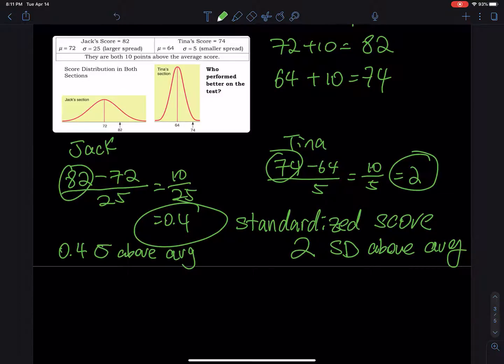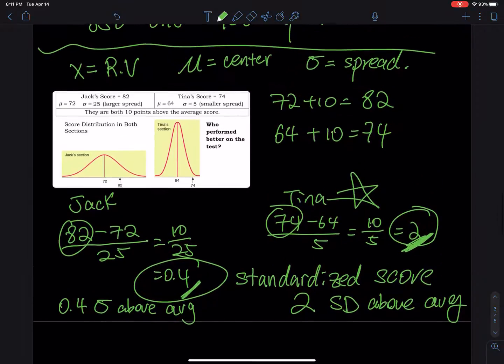That's how you explain the 0.4 and the 2. So overall, the conclusion is who performed better on the test? The answer is Tina, because she is 2 standard deviation above average, which is way better than Jack.